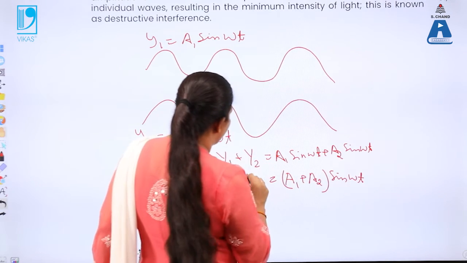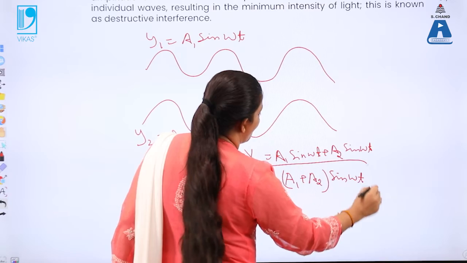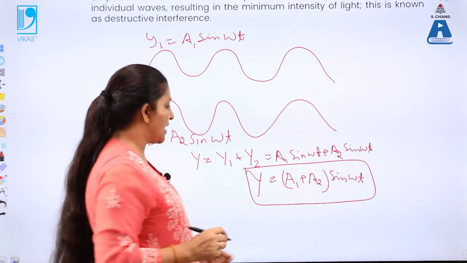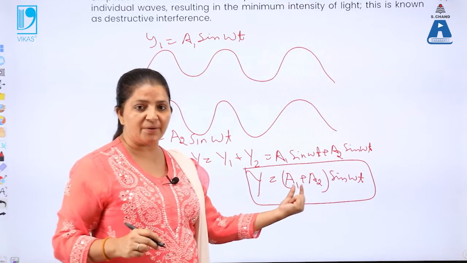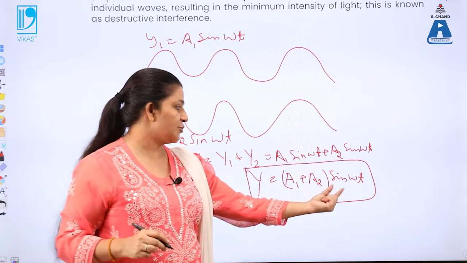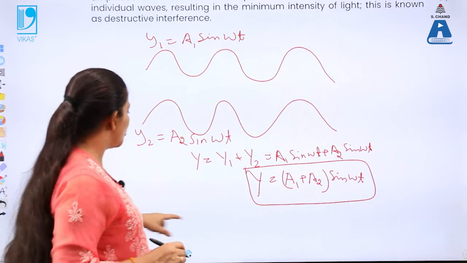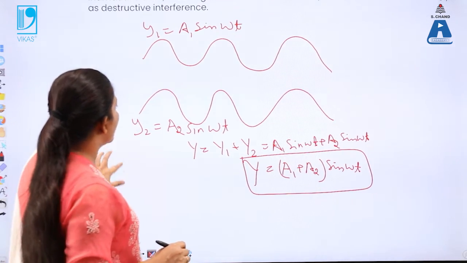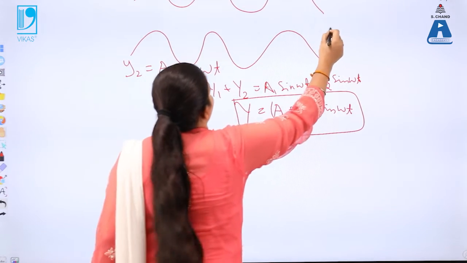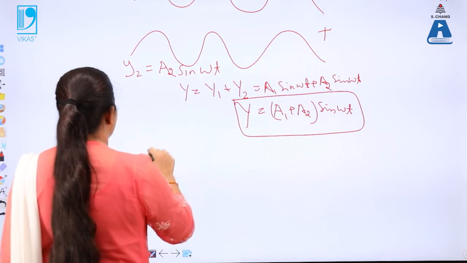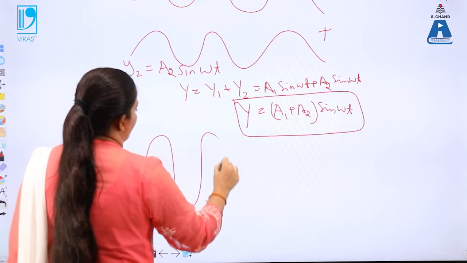Now this is a resultant wave. So for the resultant wave, the amplitude will be equal to the sum of the amplitudes of the individual waves, into the same phase.